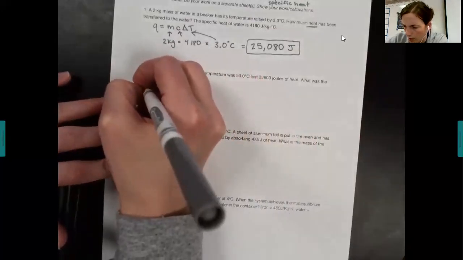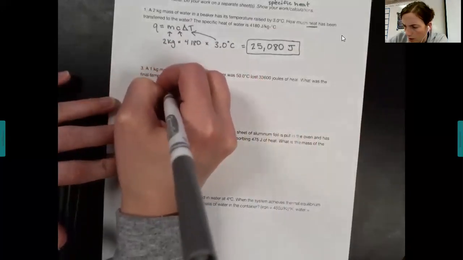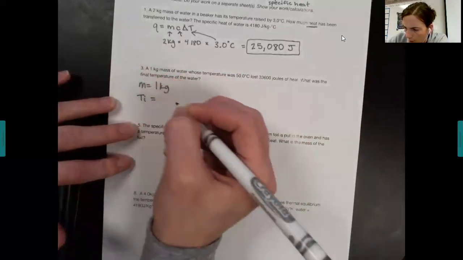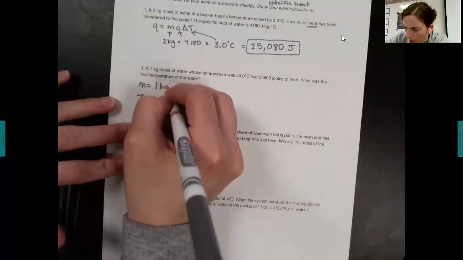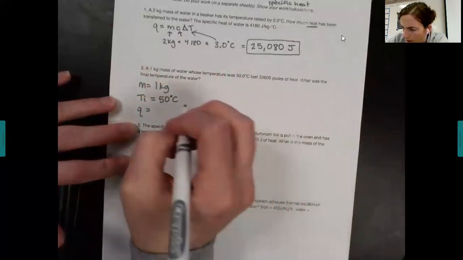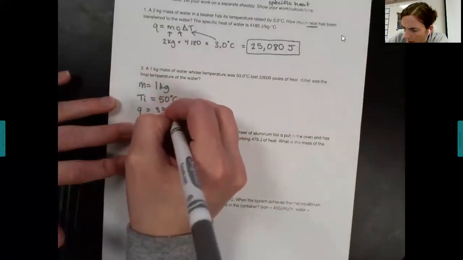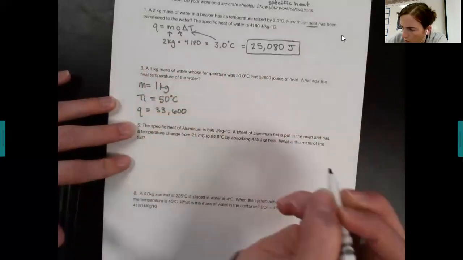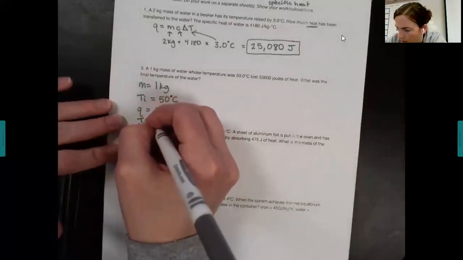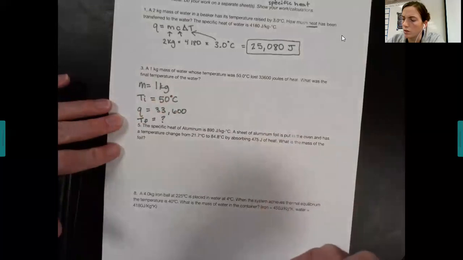I'll write it out like we're used to. Mass is 1 kilogram. The initial temperature was 50 degrees Celsius. The heat lost was 33,600 joules. And then it's asking us to find the final temperature.